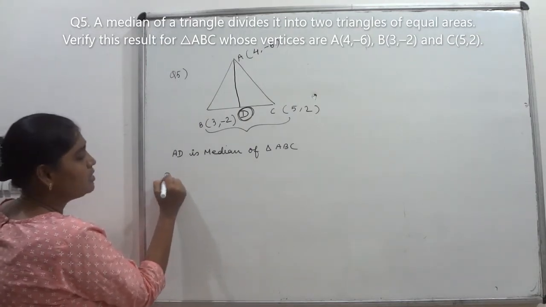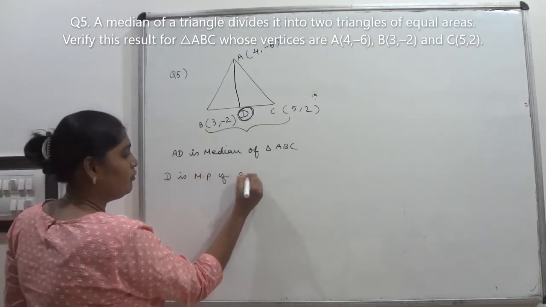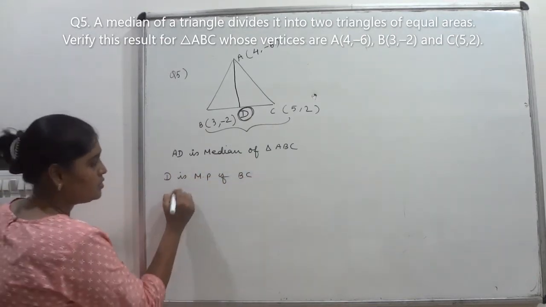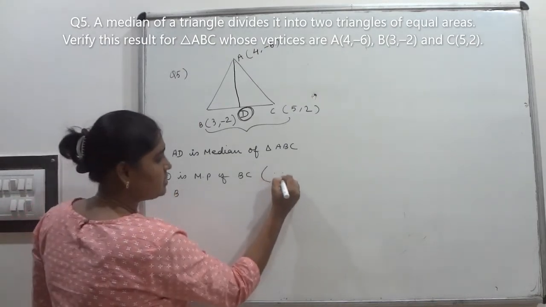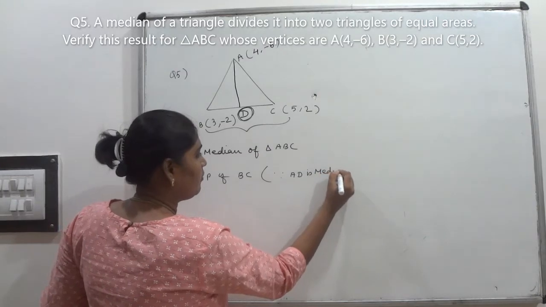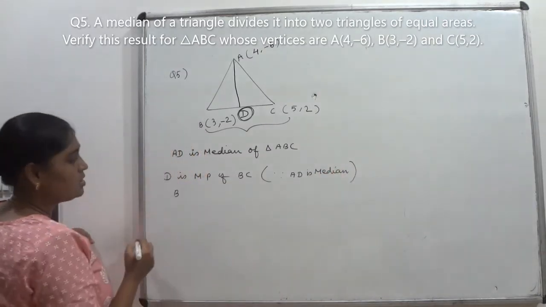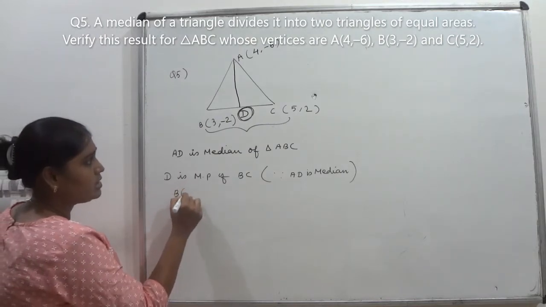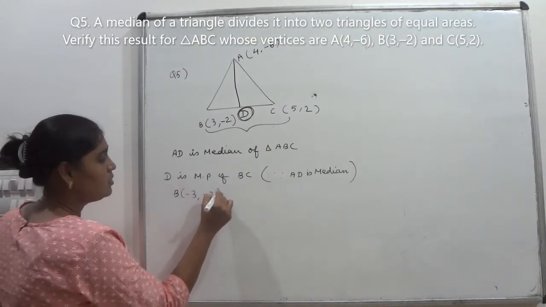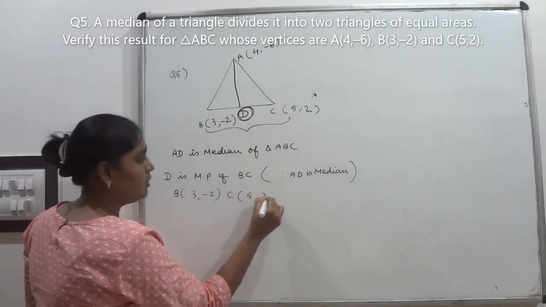So from that we can find the coordinates of point D by the midpoint formula. Write it here. D is the midpoint of side BC, since AD is median. Another name of median we can tell is midpoint. So write the B coordinates, that is 3, -2, and the C coordinates 5, 2.